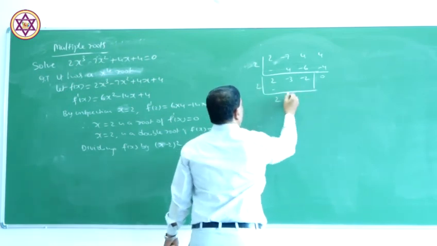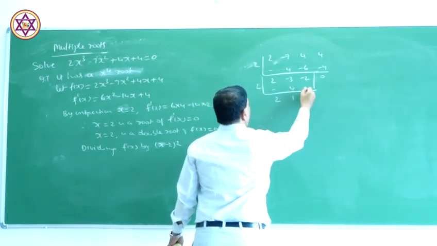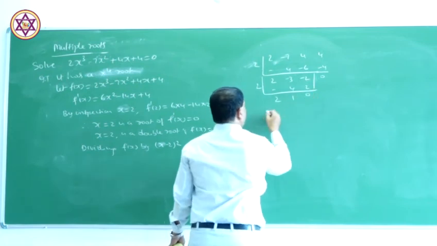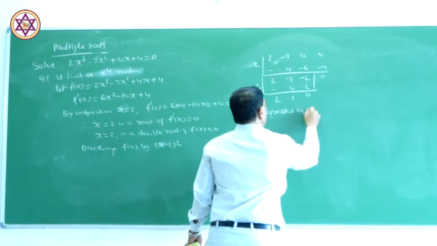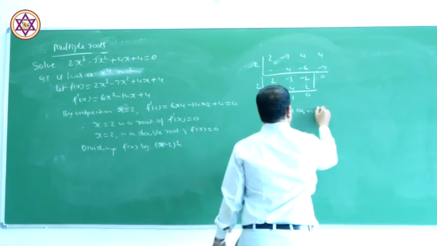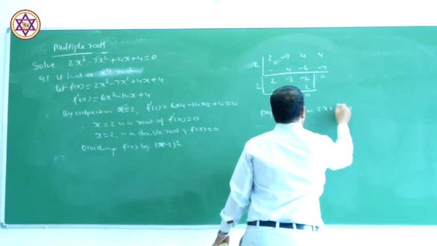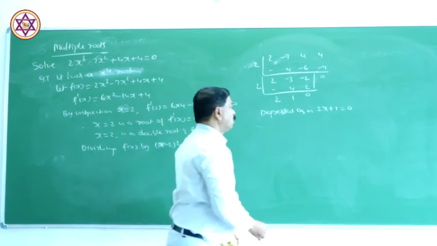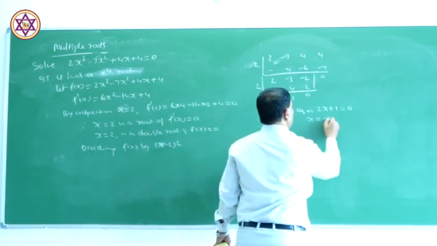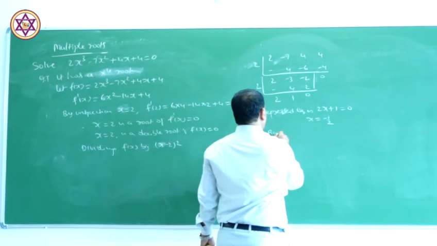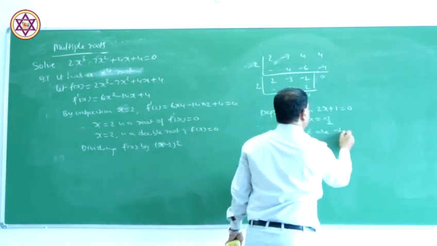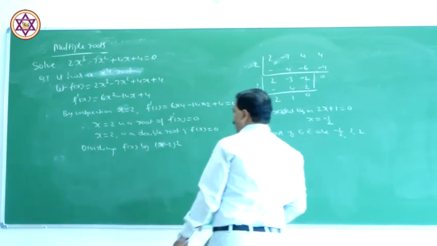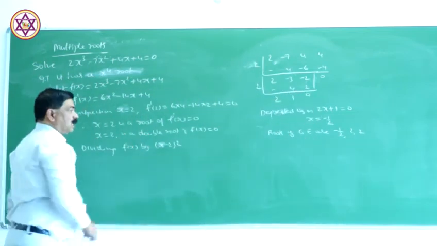Again divide: 2, 4, 1, 2, 0. So, the depressed equation is 2x + 1 = 0, x = -1/2. Therefore, the roots of the given equation are -1/2, 2, 2, because x = 2 is a double root.